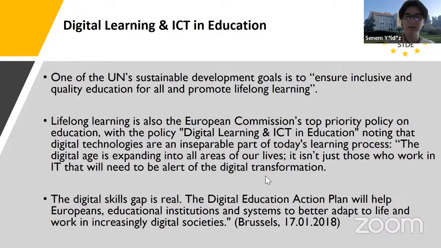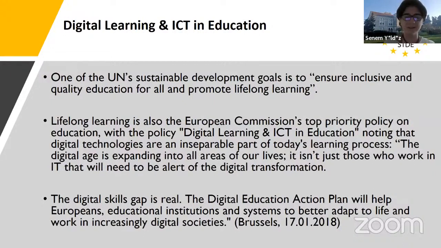The digital age is expanding into all areas of our lives. It isn't just those who work in IT who will need to be alert to the digital transformation. But unfortunately, as we all know, the digital skills gap is real. There's a digital divide that distinguishes the ones who have access to digital resources and those who don't. But in addition to that, even if you have access to digital resources, digital tools, and devices, there is a skills gap that is real, that we need to acknowledge.